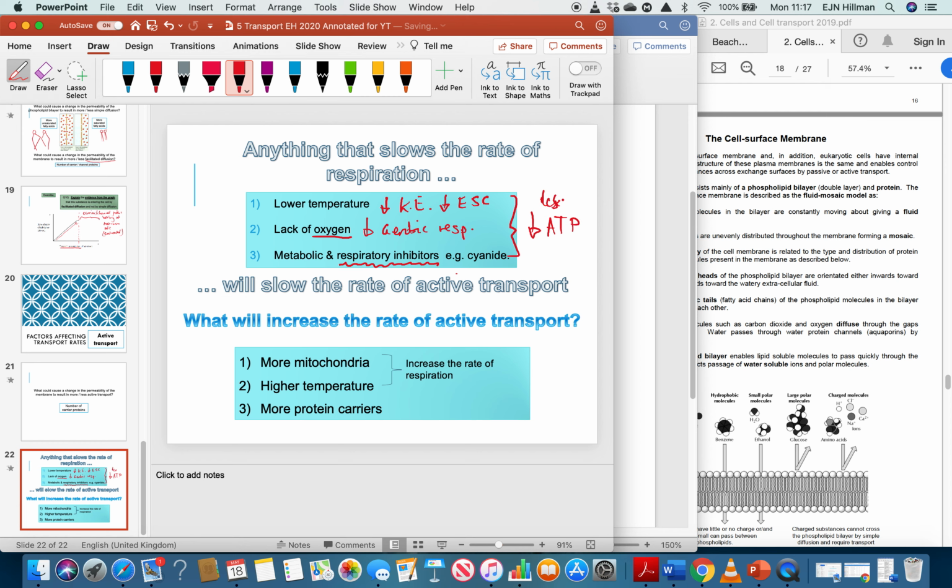So in your responses, you say less or no ATP, and therefore the rate of active transport decreases. On the other hand, what would increase the rate? Well, more mitochondria, higher temperatures, both related to respiration, so therefore more ATP, or more protein carriers, more carrier proteins would increase the rate of active transport.